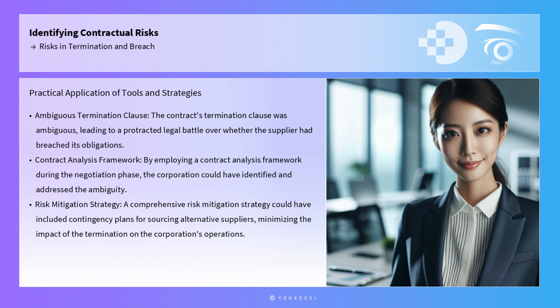By employing a contract analysis framework during the negotiation phase, the corporation could have identified and addressed the ambiguity, potentially avoiding the dispute altogether. Additionally, a comprehensive risk mitigation strategy could have included contingency plans for sourcing alternative suppliers, minimizing the impact of the termination on the corporation's operations.